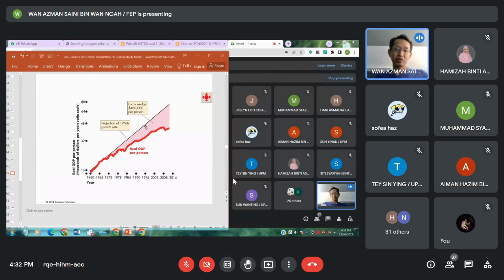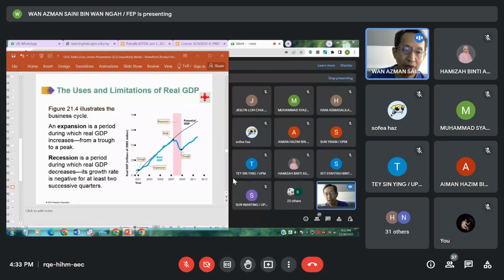I think this is based on US data. Because productivity is declining, the loss of output because of lower productivity is estimated to be around this number, 460,000. And this is known as the Lucas wedge because it was proposed by Lucas.